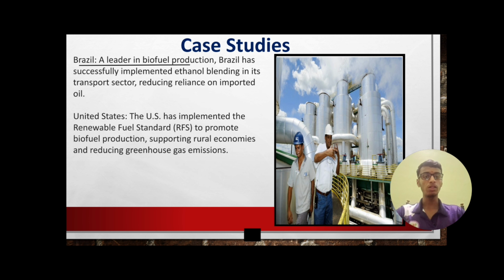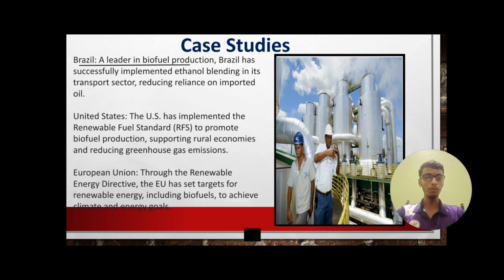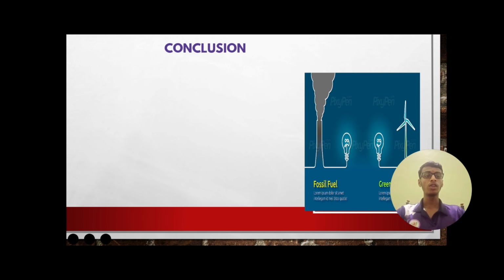The US has implemented the renewable fuel standard to promote biofuel production, supporting rural economies and reducing greenhouse gas emissions. The next is the European Union. Through the renewable energy directives, the European Union has set targets for renewable energy, including biofuels, to achieve climate and energy goals. We'll come to the conclusion of this session.